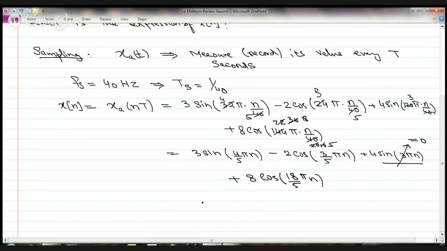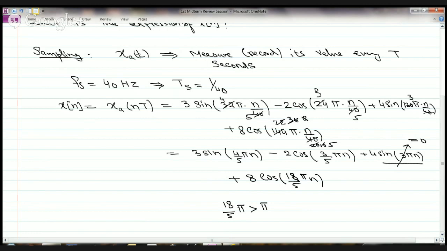You can also try to write it in terms of the principal frequencies. So you know 18 by 5 pi is bigger than pi, so you can try to write that as a value between minus pi and pi. That's an approach that you can do to write it in a shorter form. But if you don't end up doing that, even in this case, I'll be happy to see that answer.